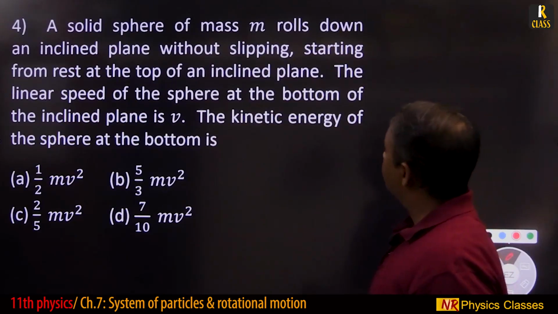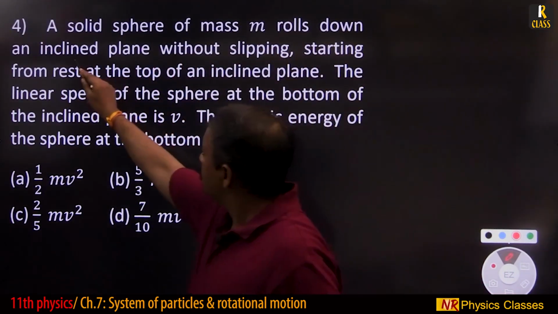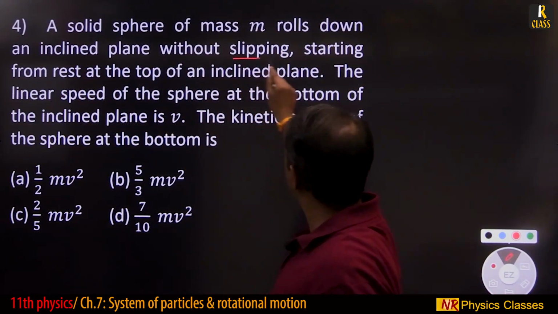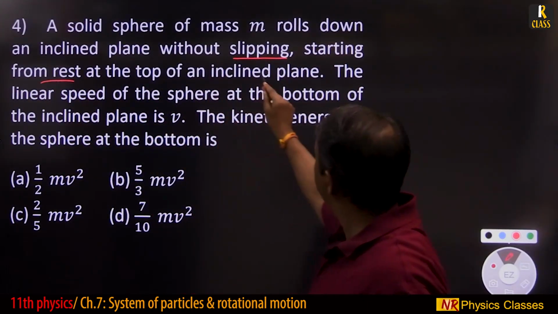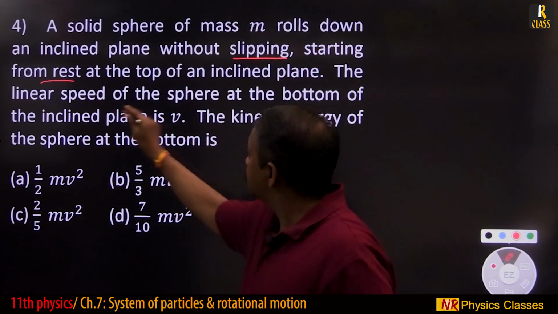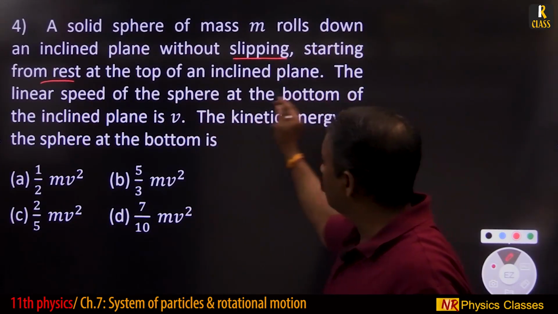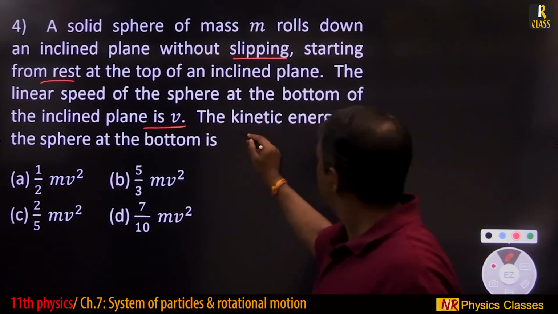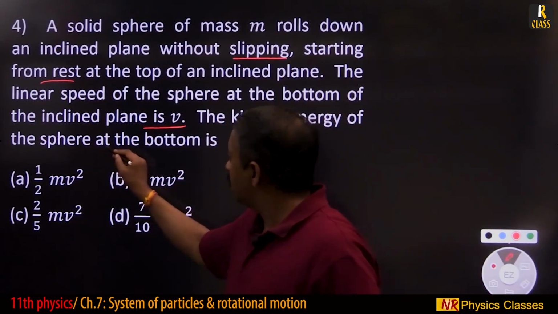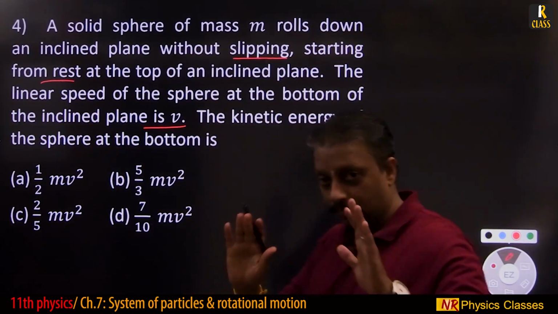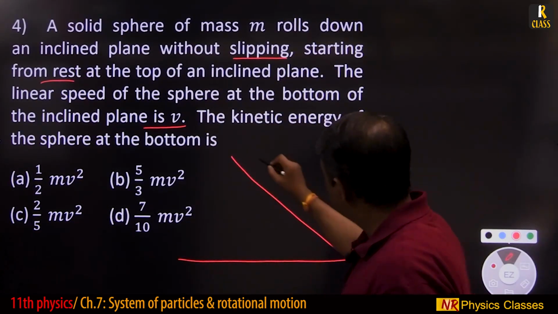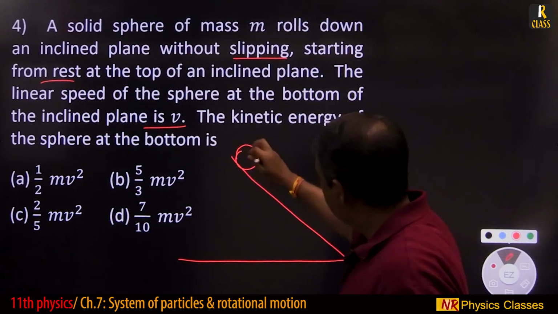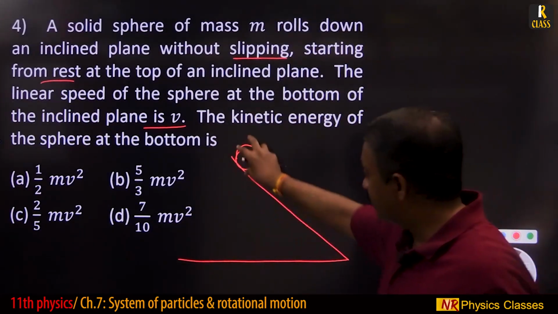A solid sphere of mass m rolls down an inclined plane without slipping, starting from rest from the top of the inclined plane. The linear speed of the sphere at the bottom of the inclined plane is v. The kinetic energy of the sphere at the bottom is? This is the inclined plane, this is the sphere. It is rolling down, not sliding.